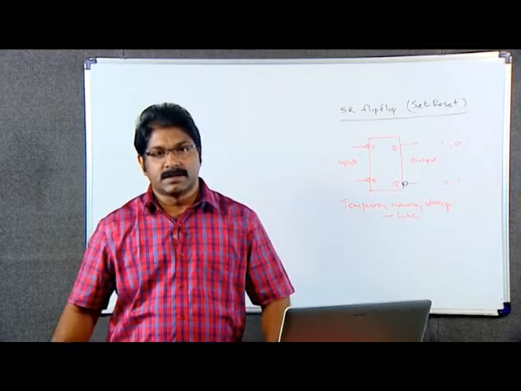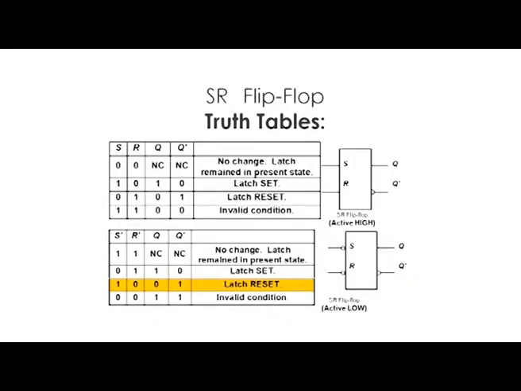Now, give the other condition: set is made high and reset is made low. We see that the output Q becomes low and Q complement becomes high. We say this is the reset condition, or the latch is said to be reset. Now, we have one more option for the input, the 0 and 0 input. Both the inputs are made 0, and this is an invalid condition in the case of active low flip flops.